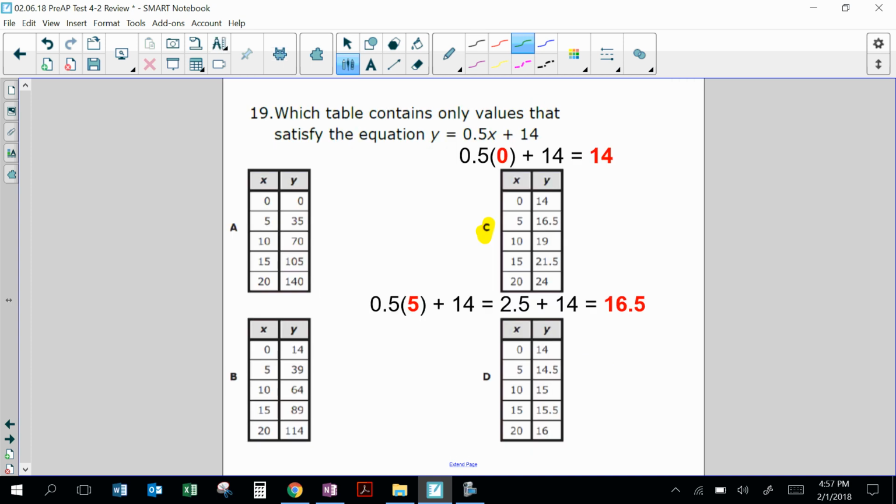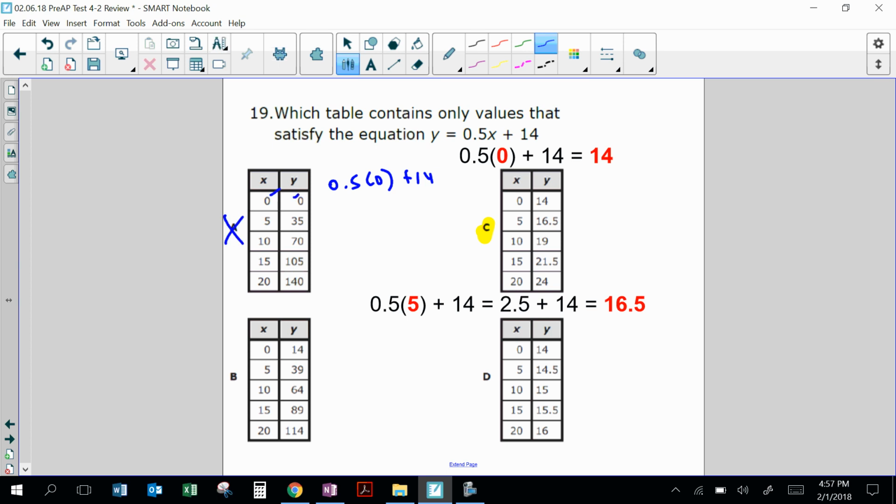Number 19. Which table only shows values that satisfy the equation y equals 0.5x plus 14? So we're going to go from table to table to see which shows this relationship. If I multiply a half by 0, what do you get? 0, plus 14 more, you get 14.